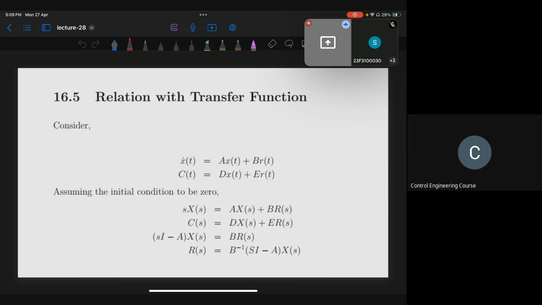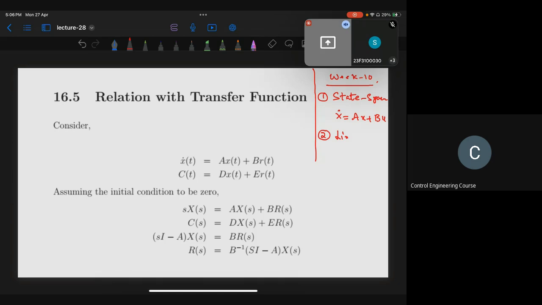Continuing from the previous week, that is week 10, we introduced state space analysis, writing x dot is equal to Ax plus Bu form for any dynamical system.